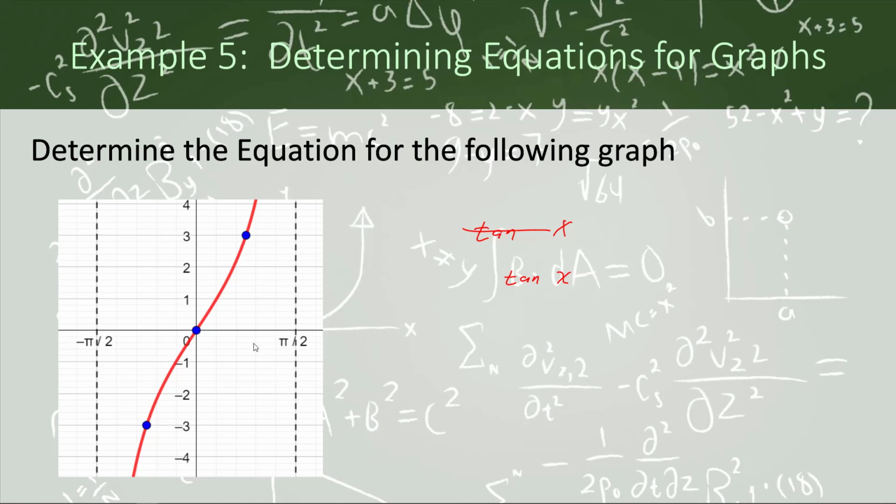Now also notice that when x is equal to 0, tangent is equal to 0, so there's no vertical shift. However, when x is equal to negative pi over 4 or positive pi over 4, we have 3. So there is a multiplication factor going on, or a stretching, and that would give us a 3 here, and our answer would be y is equal to 3 times the tangent of x. And that would be our answer.